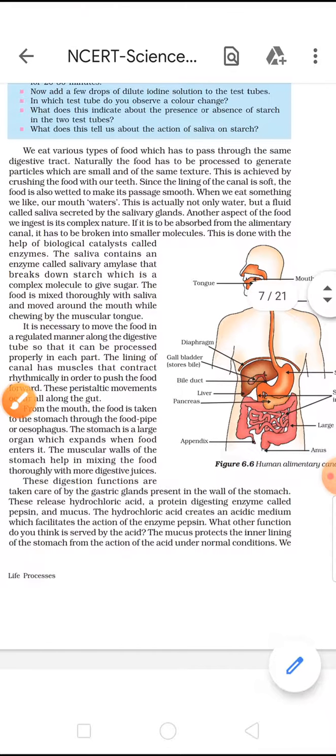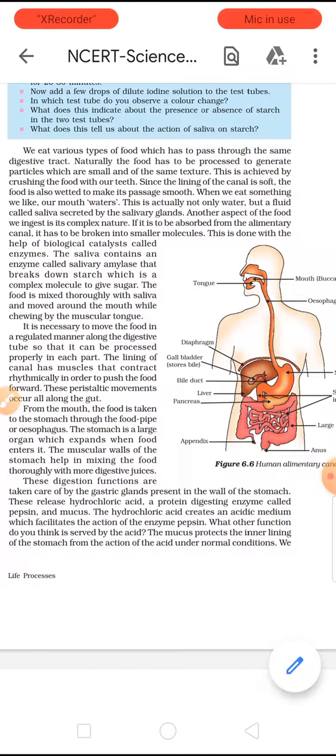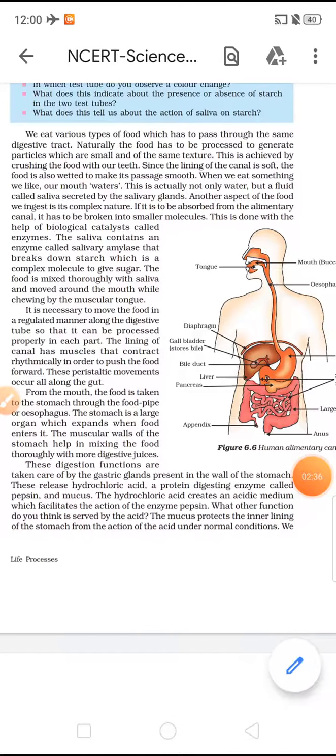Now, naturally the food has to be processed to generate particles which are small and of same texture. This we know. Okay, it will be broken down into simplest form. Now, this is achieved.